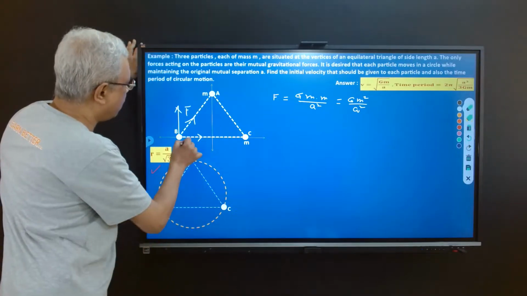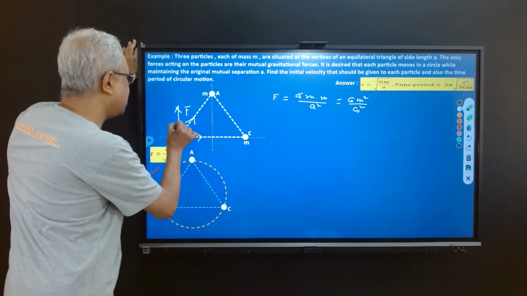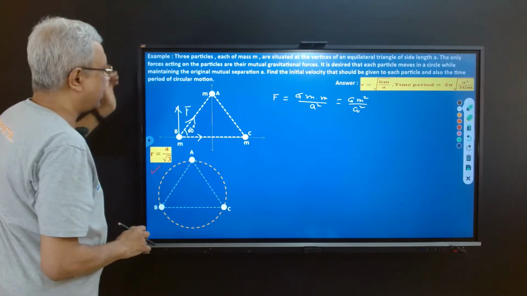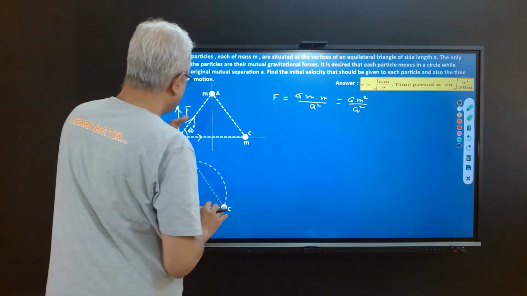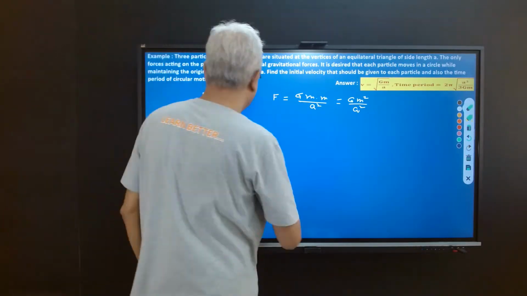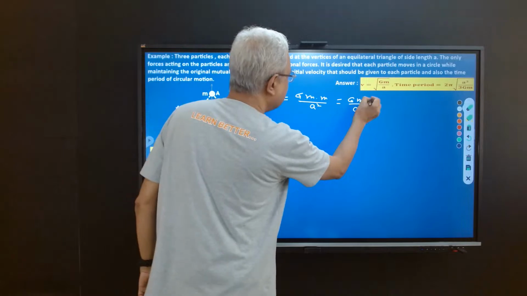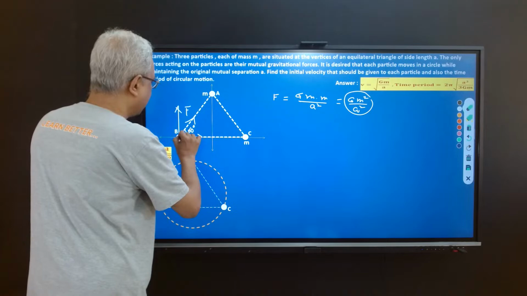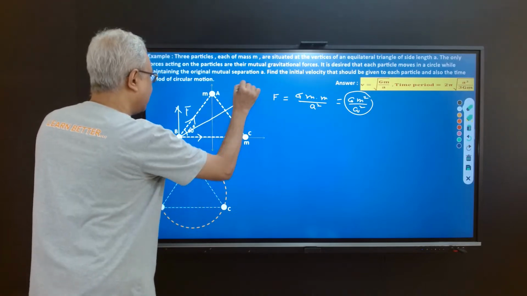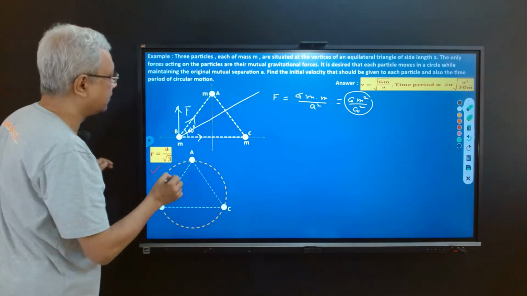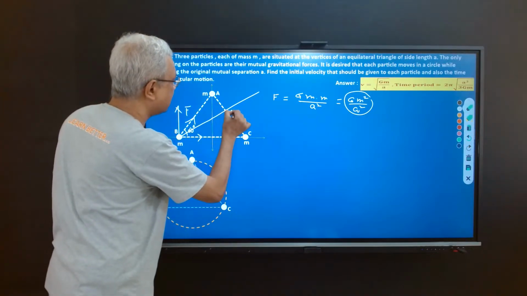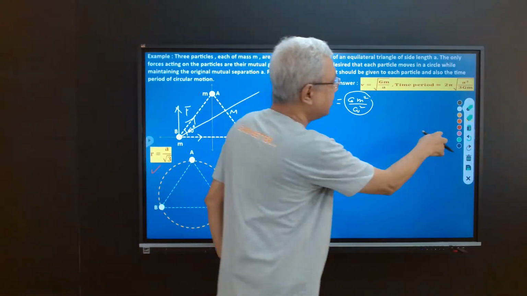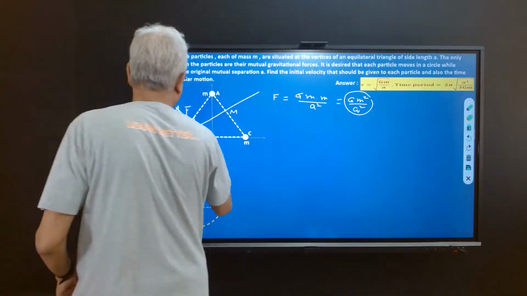Okay, so what happens? This force, this angle is how much? It is 60 degrees. And let us not resolve in these two directions. What we do, we just change this. This is G m square by a square. I take this line, this median. We consider this median, so let it be cutting the AC at M. So what is the component of this force?